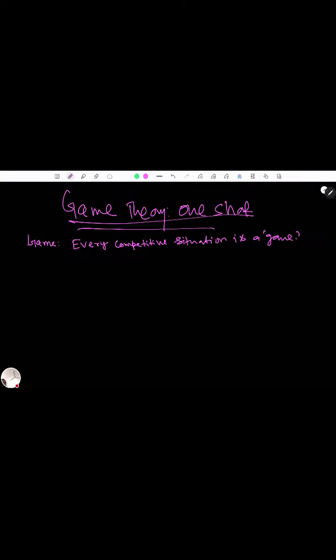Such types of games involve strategies. Every competitive situation is a game such that it has certain following properties. I will not write the properties in detail; in the individual lecture you will see the properties.